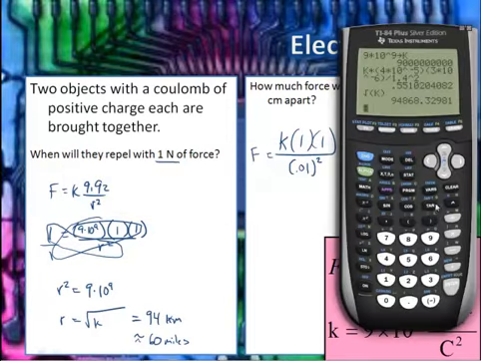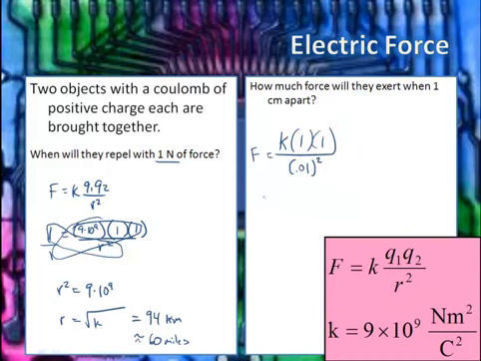We'll calculate this. K times 1 divided by 0.01 squared. That's 9e13. That means 9 times 10 to the 13th, or 9 and 13 zeros.